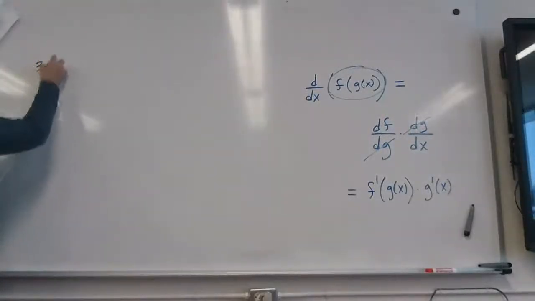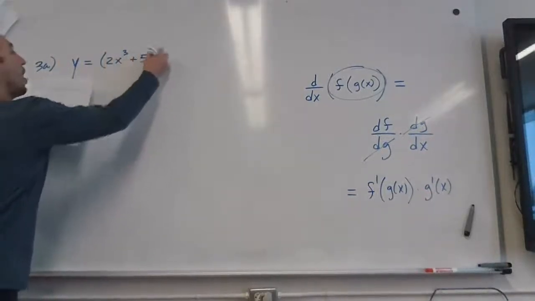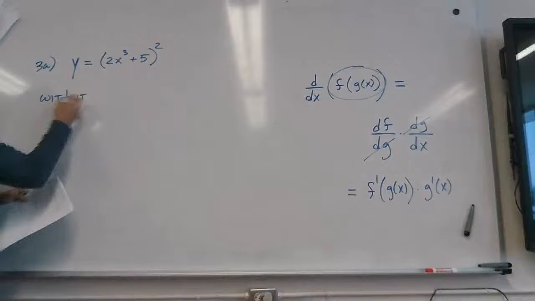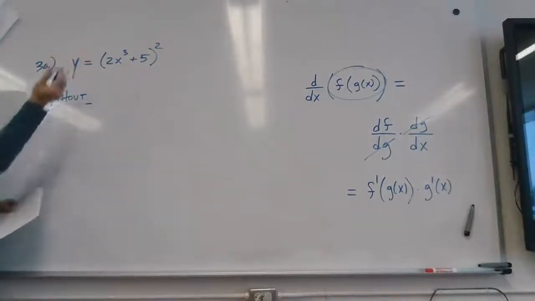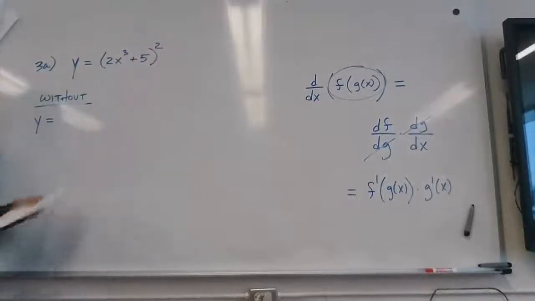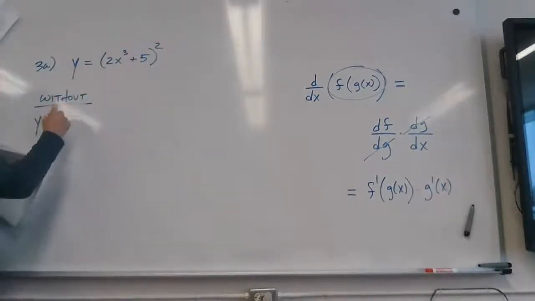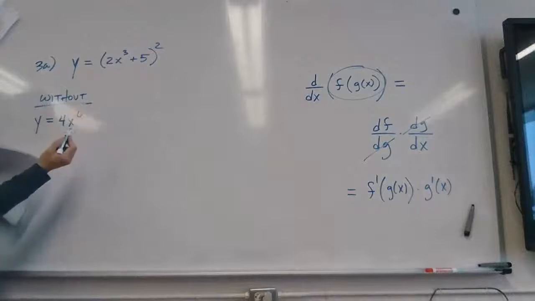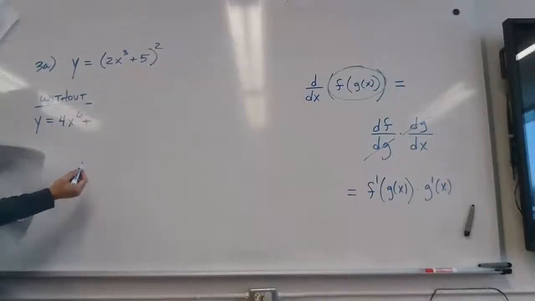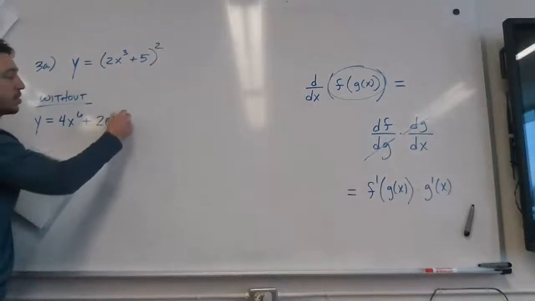Okay, so 3a, our function is this. Let's do it without the chain rule. What's the without method? You've got to expand it, right? 2 is nice, you can square that. If that was a 20, you'd go, I know, that's horrible. But 2 is easy. So we're going to have 4x to the 6th plus, what's the next term? 20x cubed.